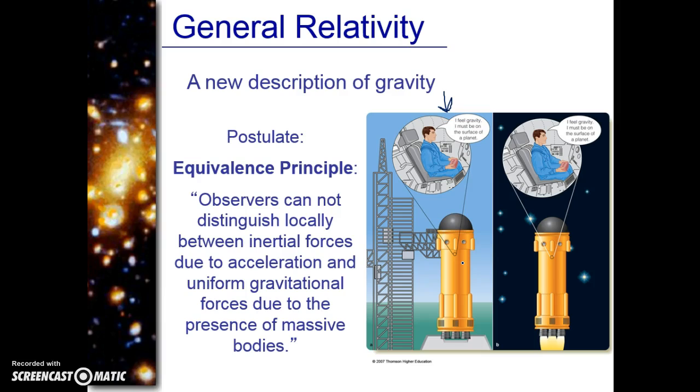So here it says observers cannot distinguish between inertial forces due to acceleration and uniform gravitational forces due to the presence of massive bodies. So they can't tell if they're moving because they're accelerating or because of gravity.